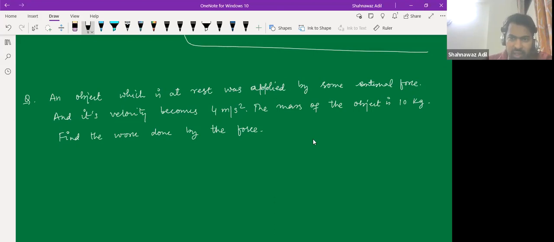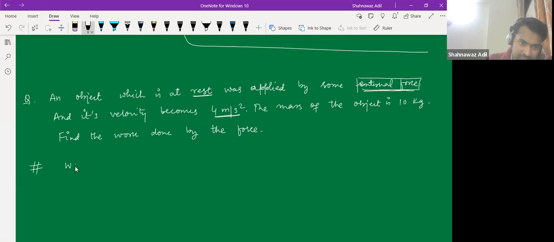You can see that there is an external force, but the value of the external force is not given. Only the velocities are given, right? So whenever the velocities are given, you don't try to find this force. You can use the work energy theorem directly.